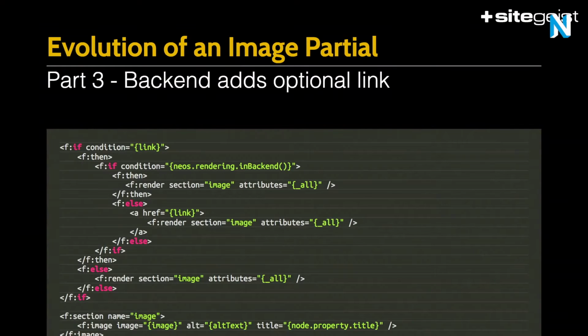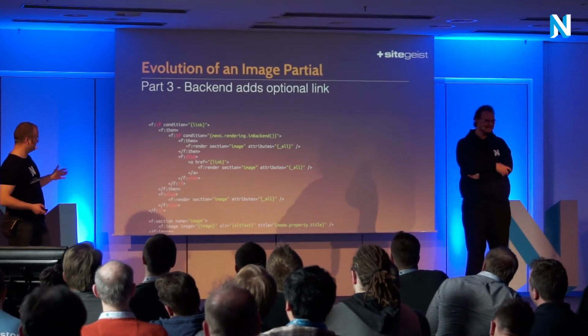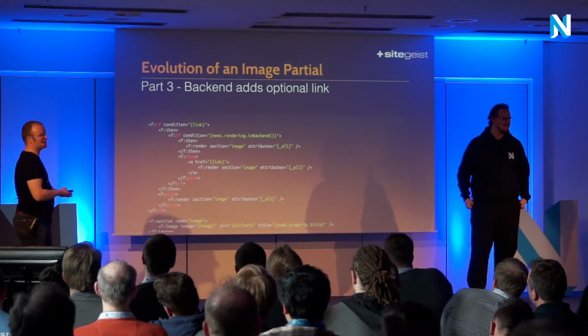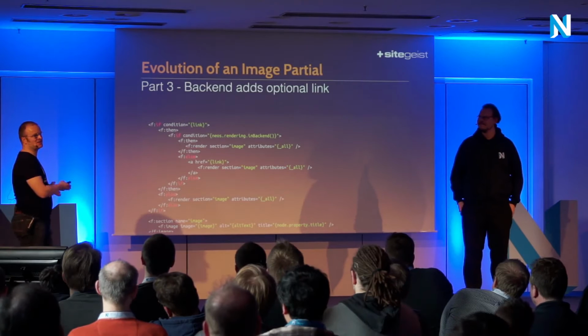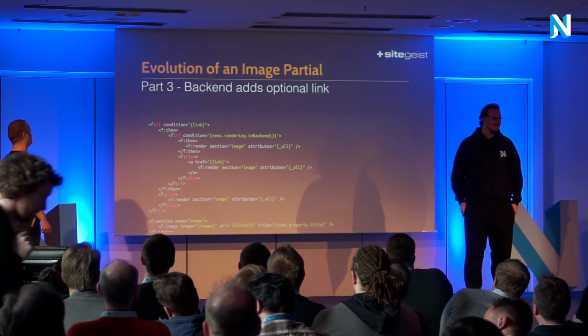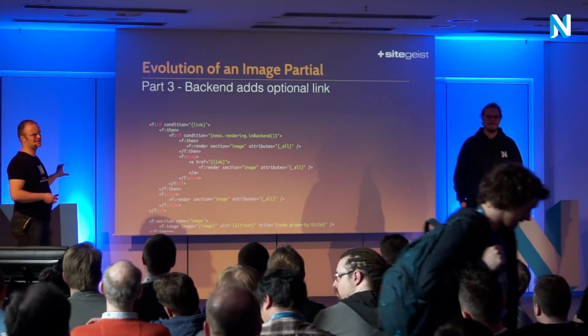So this is what you end up with, a partial with tons of conditions, and the front-end developer will never understand what's going on. They cannot change it anymore. It's simply impossible. And what is even worse is that this is not an artificial example.